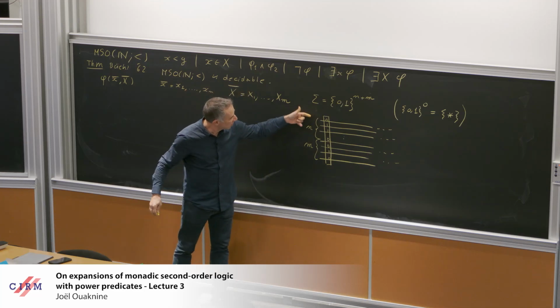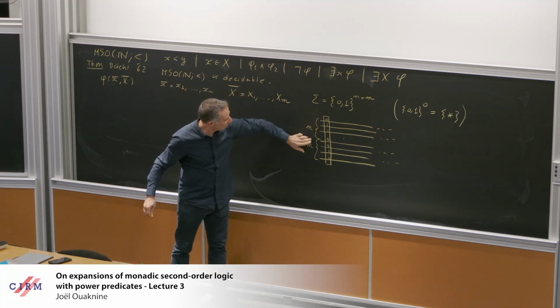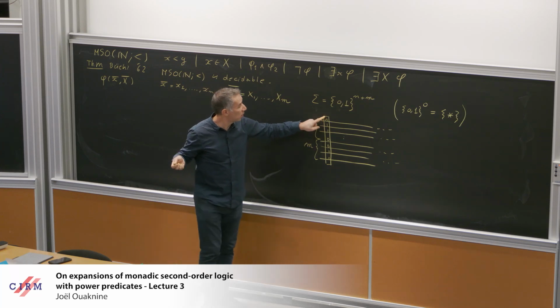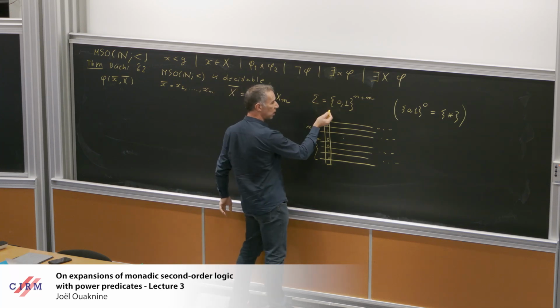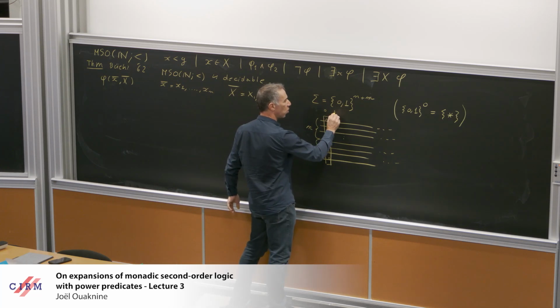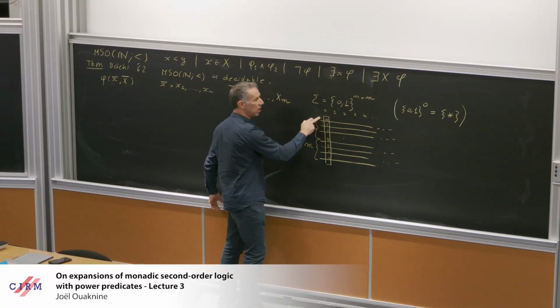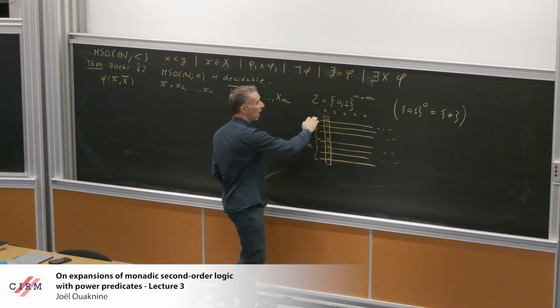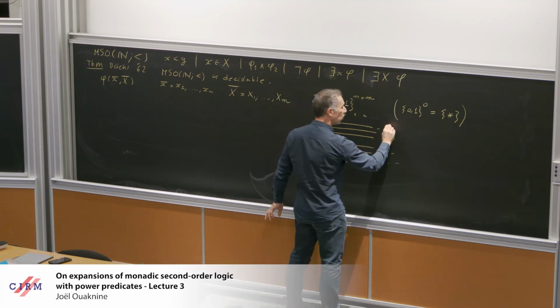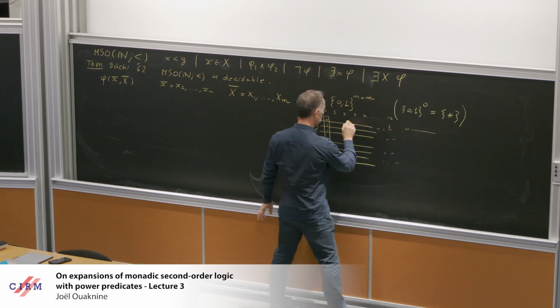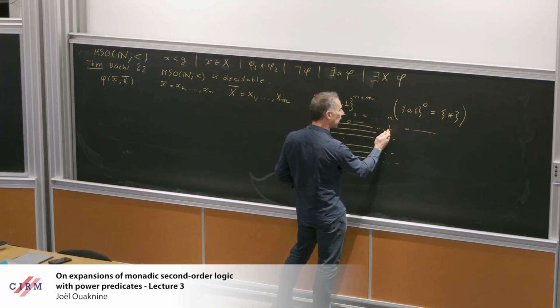Now the idea is that the n tracks here represent variables. How do I faithfully encode that a variable has value 17? Implicitly there's a position in a word: position 0, position 1, position 2, position 3, position 4, etc. If I want to say that variable x1 has value 17, I will have zeros before, a single 1 in position 17, and then zeros after.